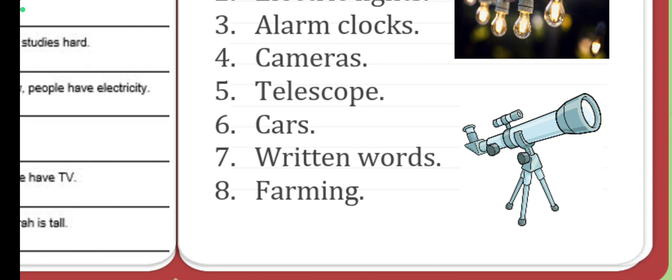Before farming, people used to eat. Okay. So people used to eat.